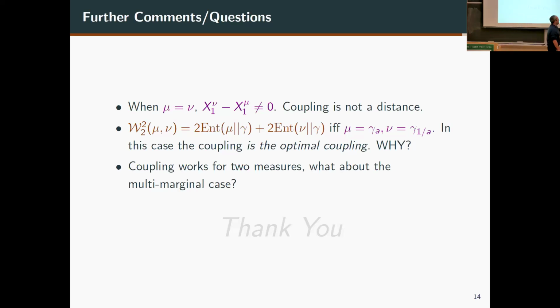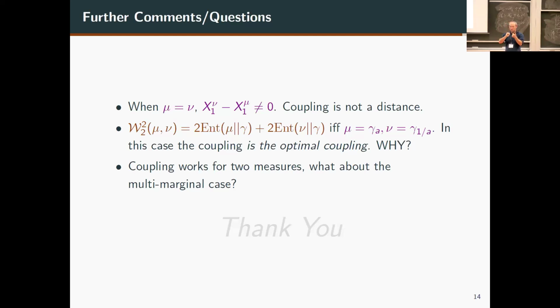Okay, and another point for thought is, in principle, here I could take any number of different measures, take the same Brownian motion for each one of those measures and get a multi-marginal coupling. And then there are a lot of things that you would be able to do with that in principle. But here, if I have three measures, I can take one Brownian motion for the first one, I can reverse the Brownian motion for the second one, and I'm stuck for the third one.